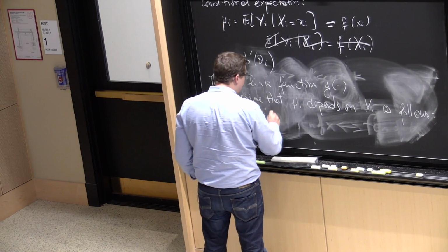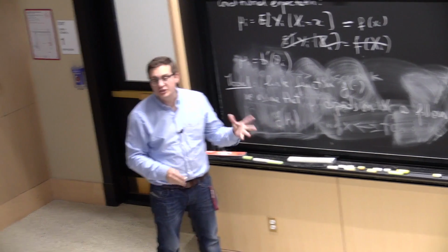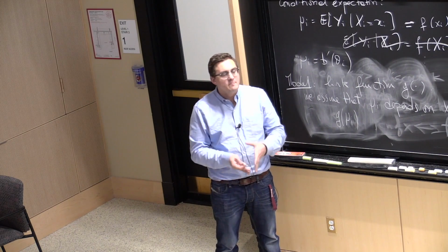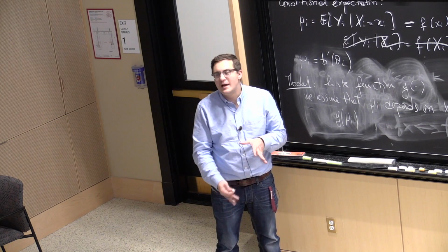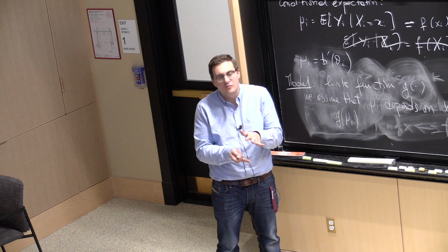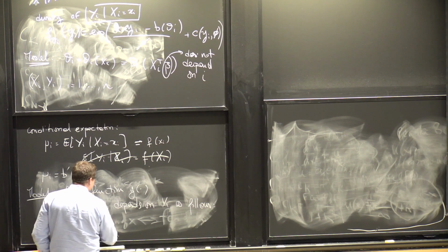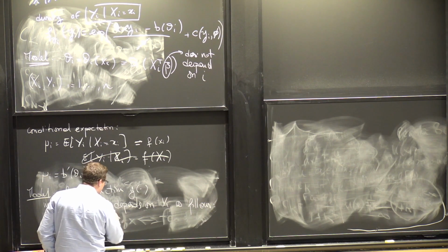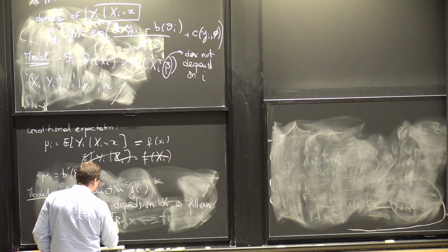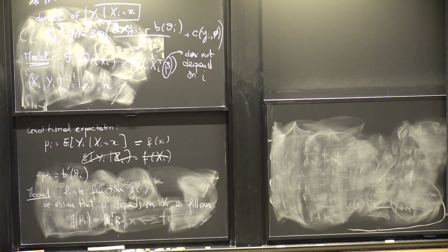G of mu i, and remember all g does for us is really map the space in which mu i lives, which could be just the interval 0, 1, to the entire real line. And we're going to assume that this thing that lives in the real line is just xi transpose beta. Okay?